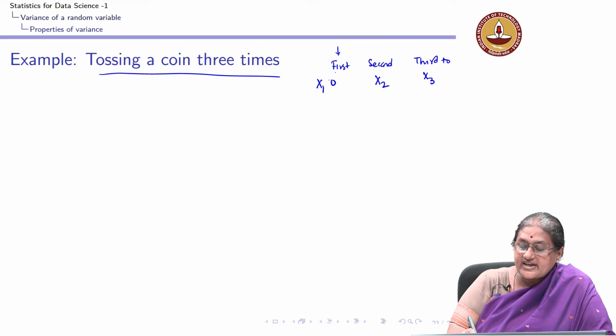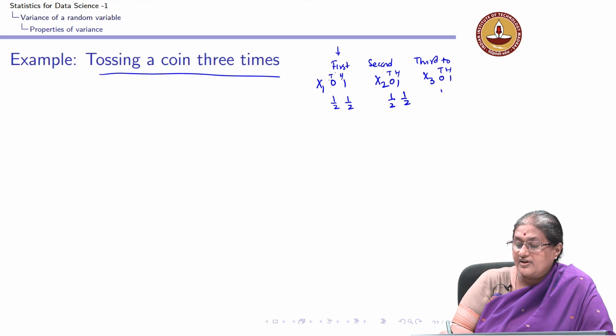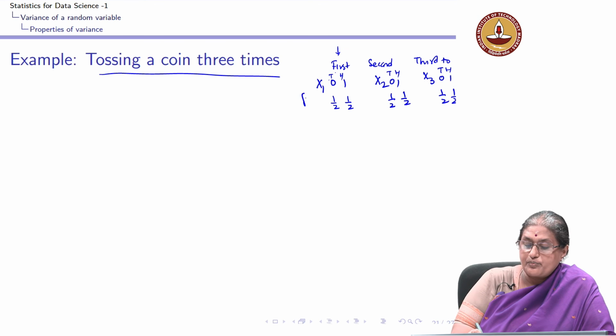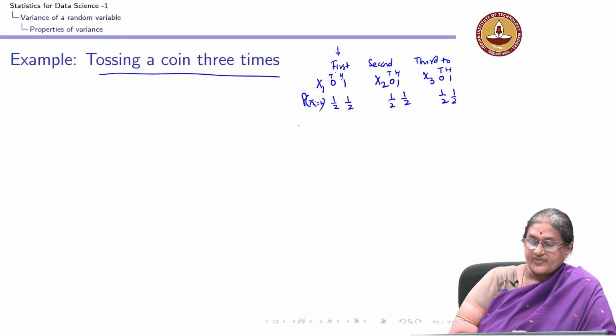I know x1 takes the value 0 or 1, which represents tail or head. x2 represents tail or head, again 0 or 1. x3 tail or head, 0 or 1. Since it's a fair coin, it takes each value with probability half. These are the probabilities with which xi takes the value i.